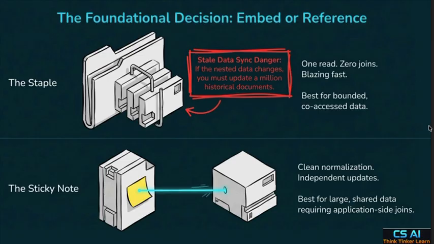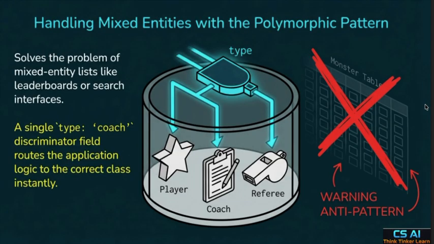Referencing, the sticky note, is clean normalization for large shared data that requires independent updates. Beware the staple's danger. If nested data changes frequently, you might have to update a million documents, leading to stale data sync issues. How do we handle mixed entities like a search interface for players, coaches, and referees?